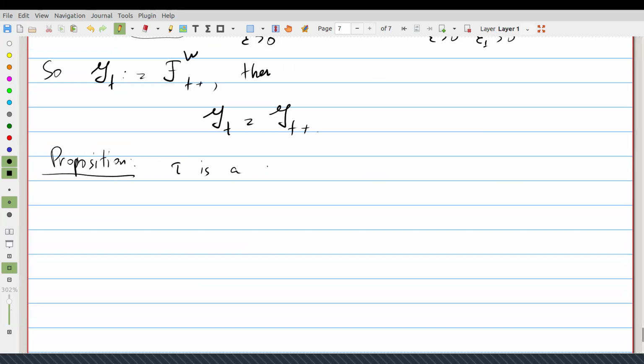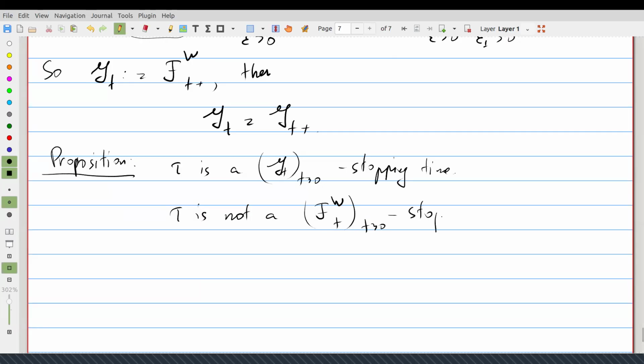Tau is a G_t stopping time. And tau is not a stopping time with respect to the natural filtration, unfortunately. Let's start with the first fact.